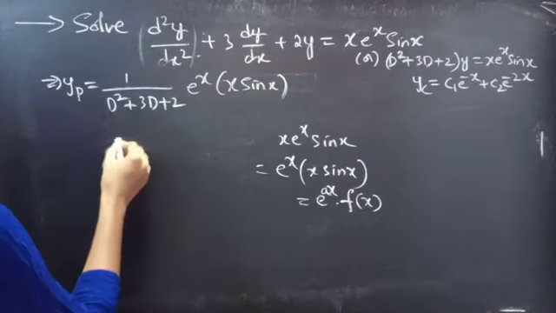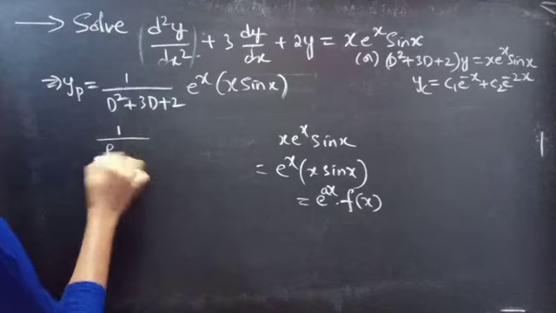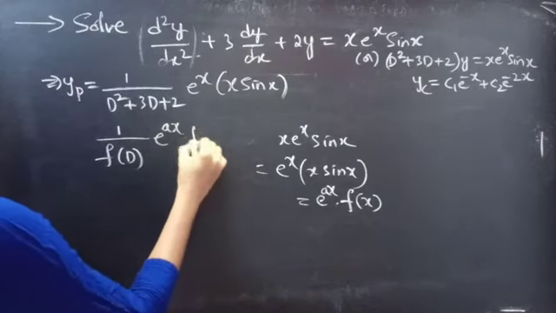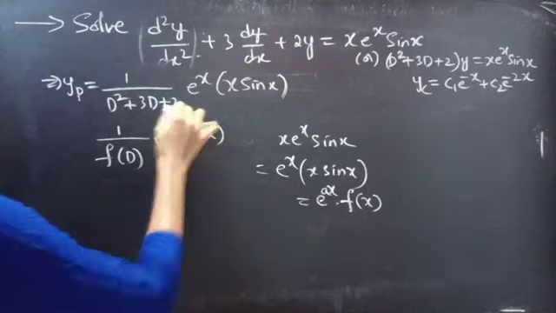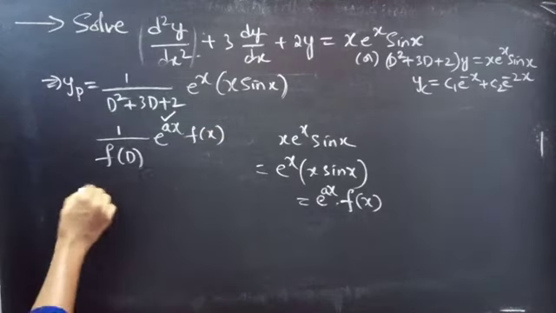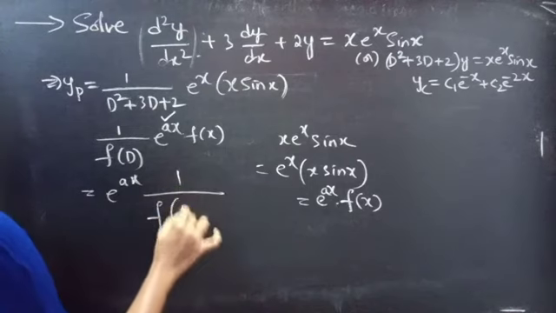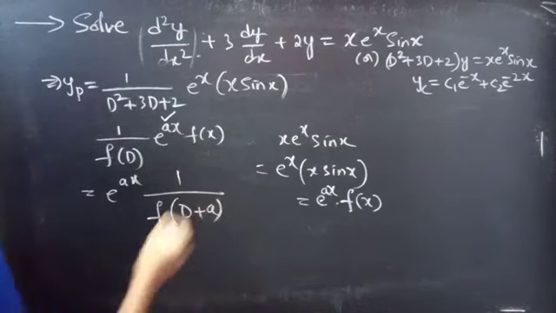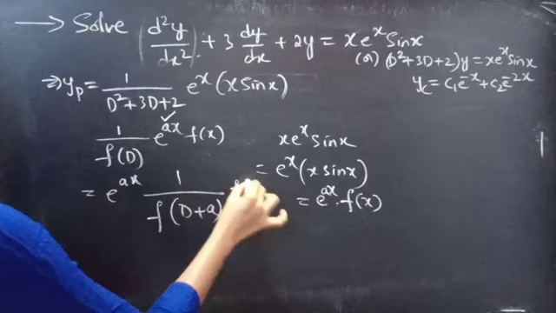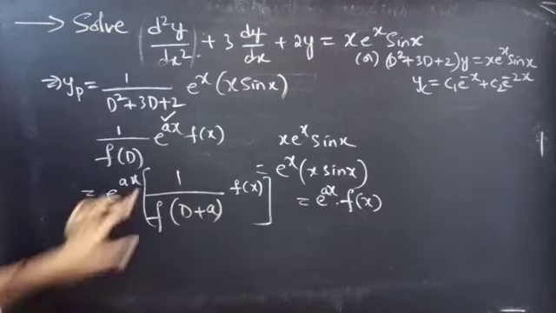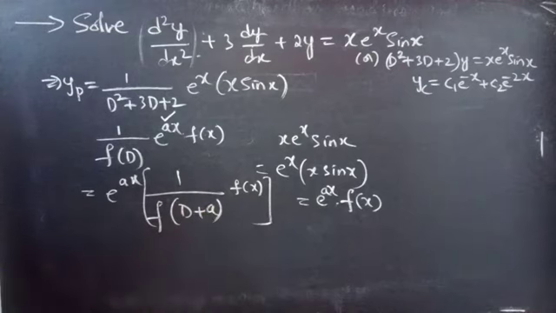We know that when yp is in 1 by f of D into e power ax into some function of x form, we'll shift the exponential term towards left by replacing D with D plus a, and later we'll operate the function of x with 1 by f of D plus a, right?